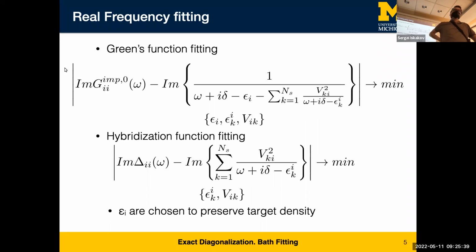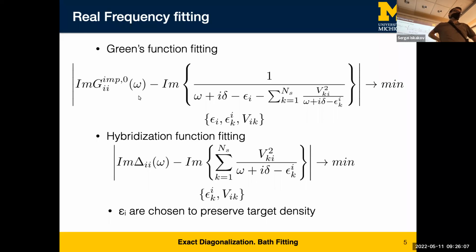So basically I have omega here, and I take a square for each omega of this difference, and I do the minimization in some frequency window, for omega from minus omega min to omega max. So what happens outside of omega min and omega max? I assume that it's zero.